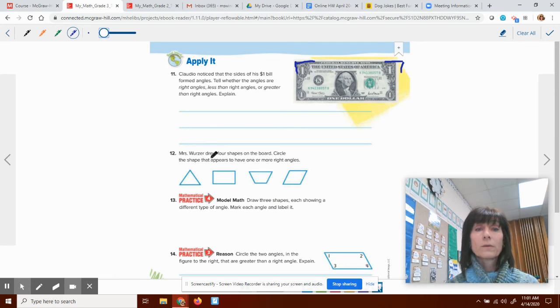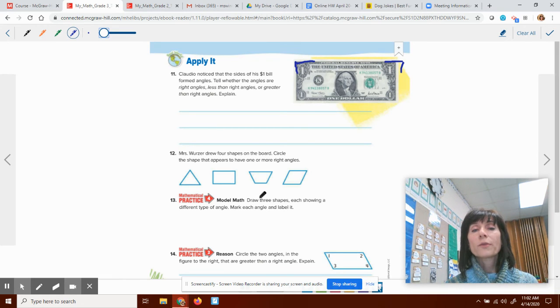Mrs. Werzer drew 4 shapes on the board. Circle the shape that appears to have one or more right angles. So take a look. There is only one shape that has more than one right angle.